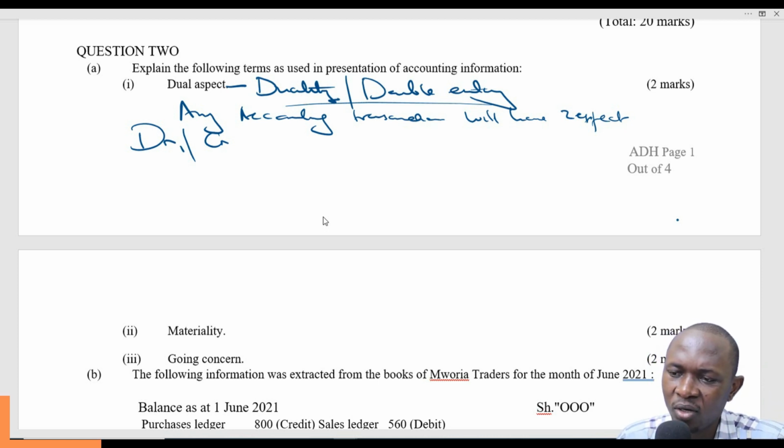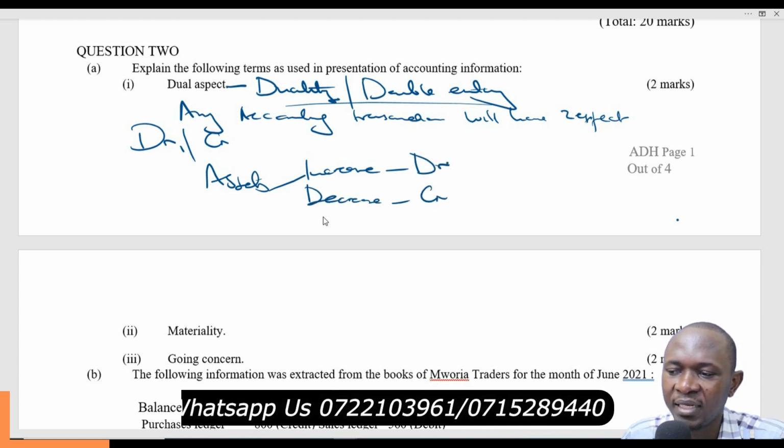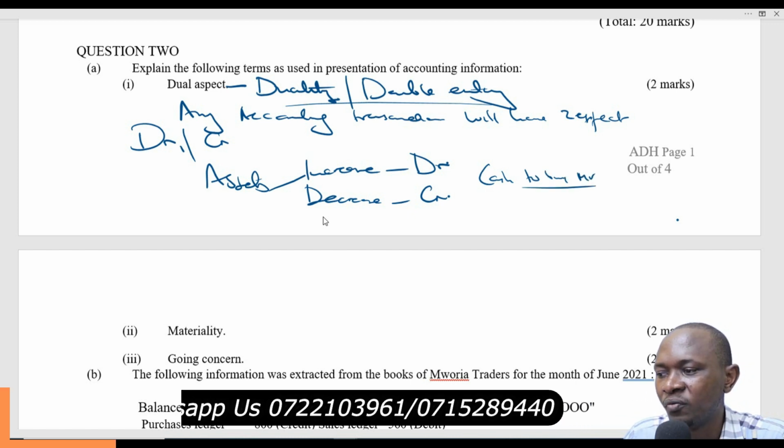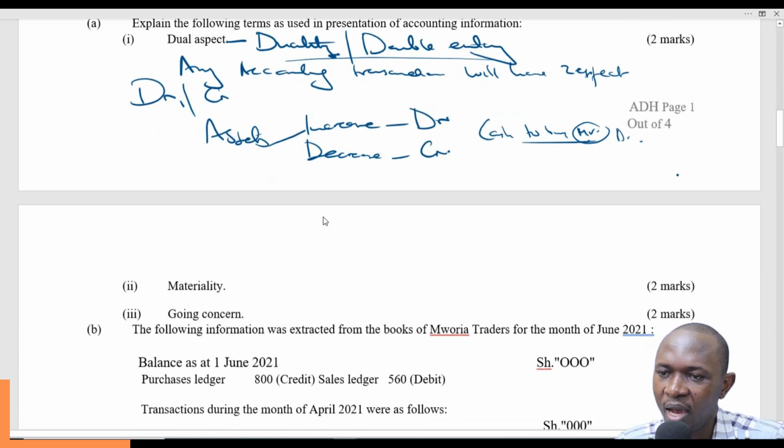So for example, if we are talking about assets, an increase in asset is a debit entry, and a decrease in asset is a credit entry. So if cash is used to buy a motor vehicle, then motor vehicle will increase, it's an asset, so we debit motor vehicle account, and then we credit cash account because cash has reduced. That is the whole concept of duality or double entry, that every transaction will have its effect on the debit and the credit side of the account.